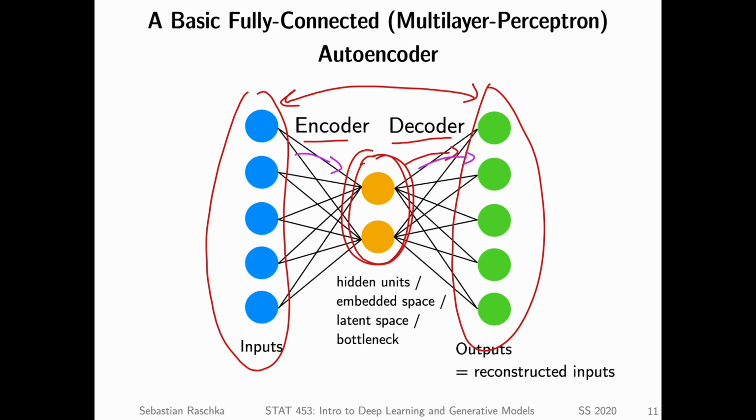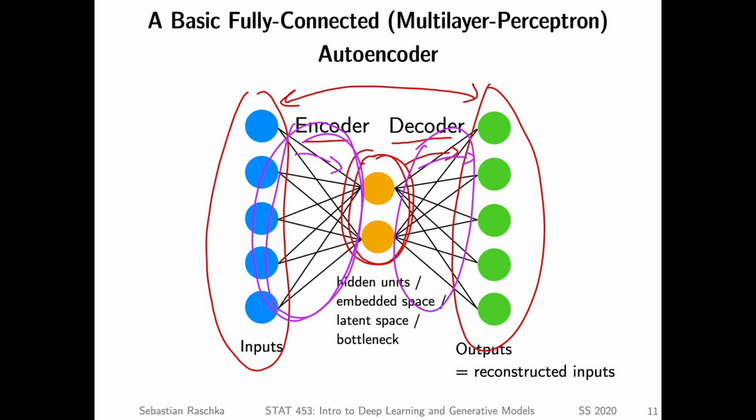Where it is related to principal component analysis is if this is a fully connected linear layer without a nonlinear activation function, and this is also a hidden layer without a nonlinear activation function, then the autoencoder is kind of equivalent to principal component analysis.